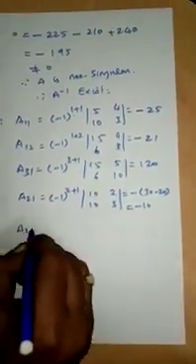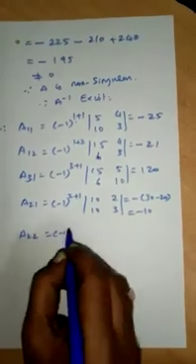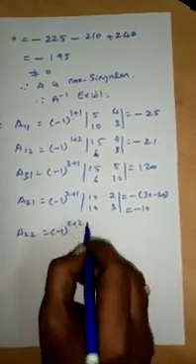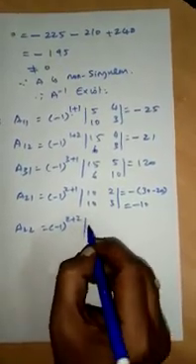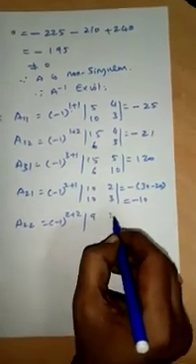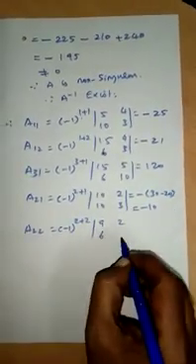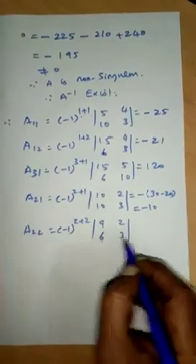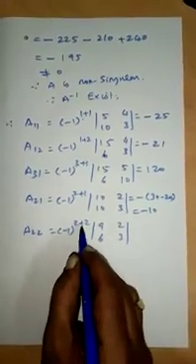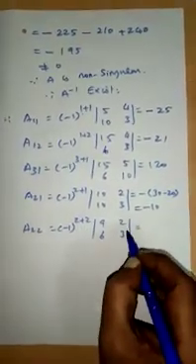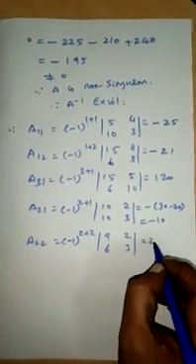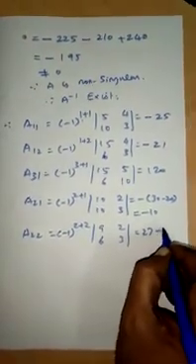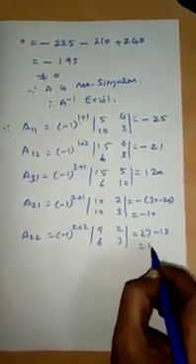A22 is minus 1 power 2 plus 2 and its minor is 9, 2, 6, 3. 2 plus 2 is 4, minus 1 power 4 is plus, and cross multiplying we get 27 minus 12, that's equal to 15.